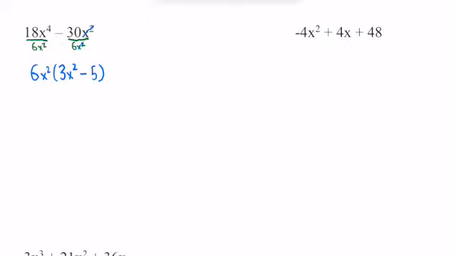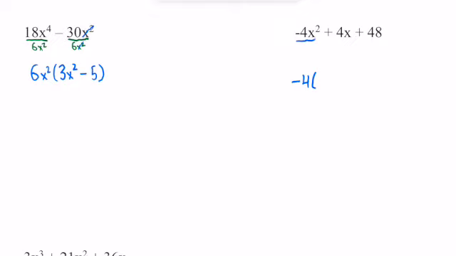We can see that 4, 4, and 48 are all divisible by 4. And since our expression starts with a negative, we'll factor out a negative 4. Now we can't factor out a variable here because that last term doesn't have a variable.